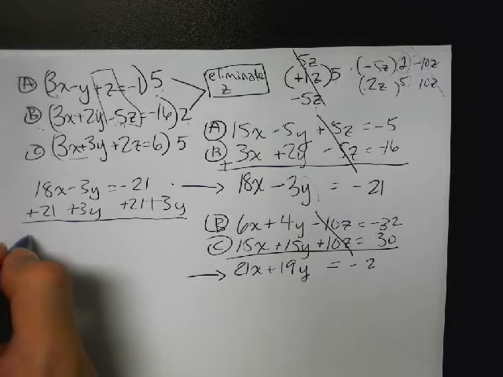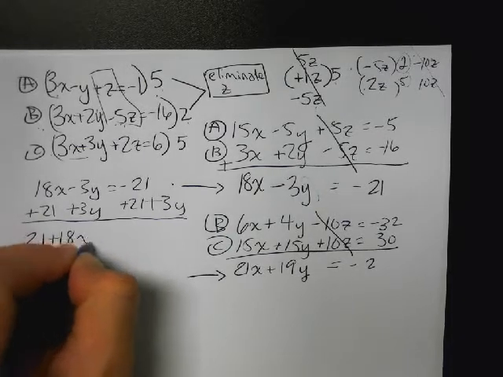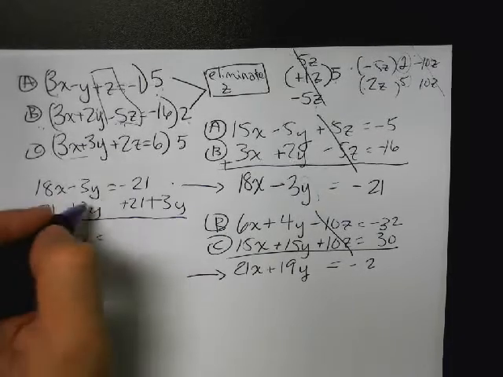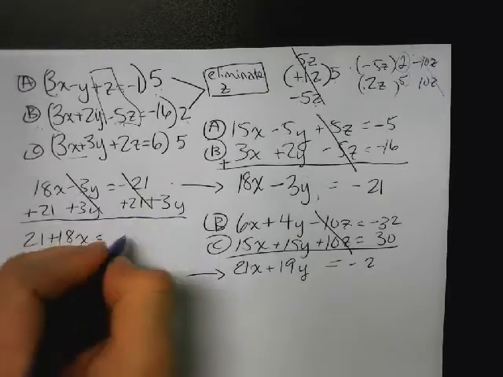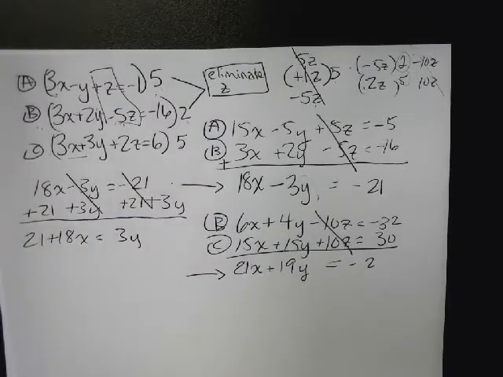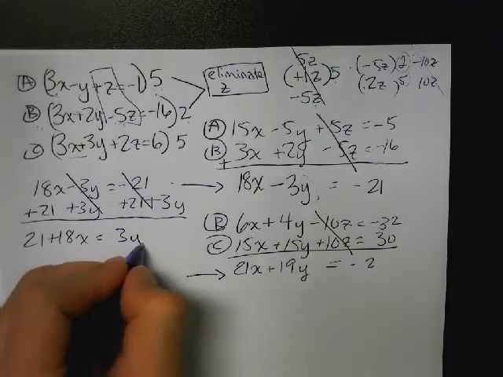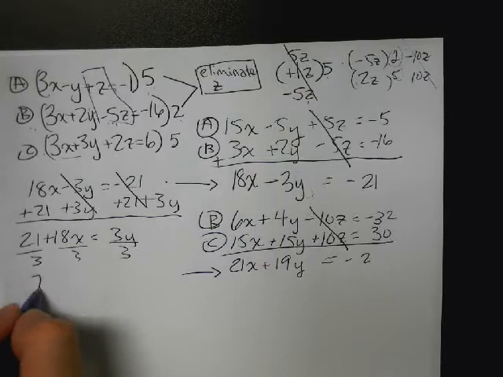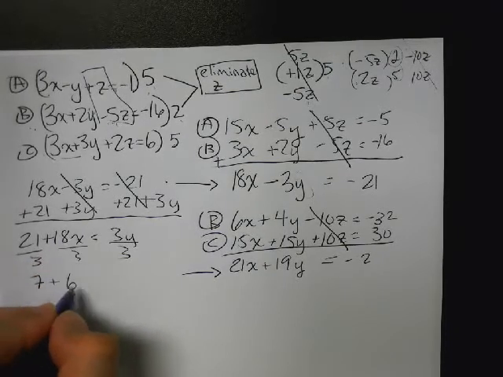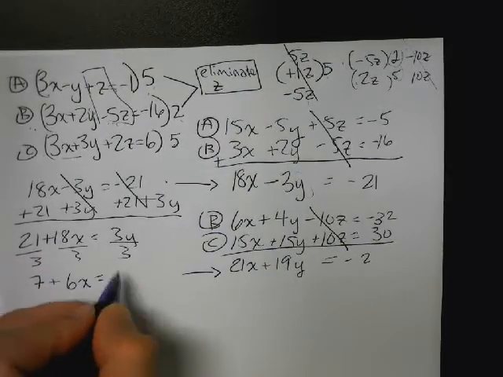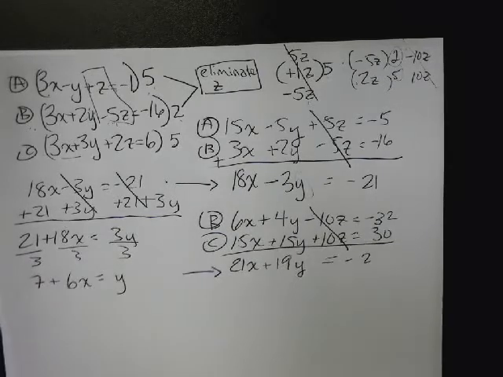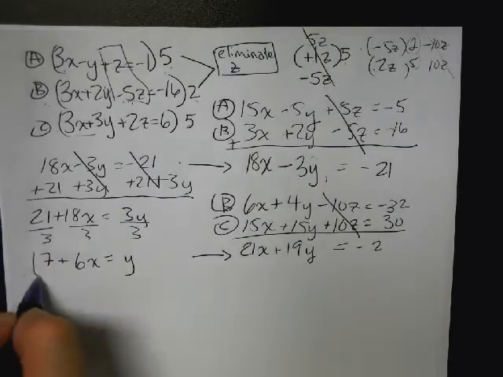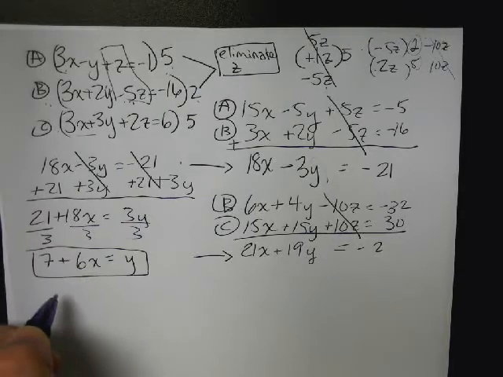I'll have 21 plus 18x equals, this will go to 0, this will go to 0. I'll have 3y on this side. And now all I need to do is divide by 3. 21 divided by 3 is 7, 18 divided by 3 is 6, and 3 divided by 3 is 1. So what I know is that y equals 7 plus 6x.